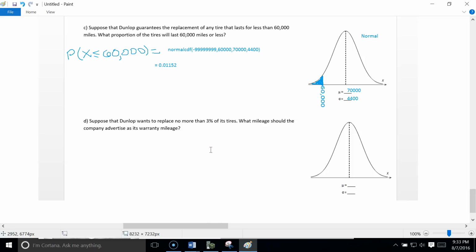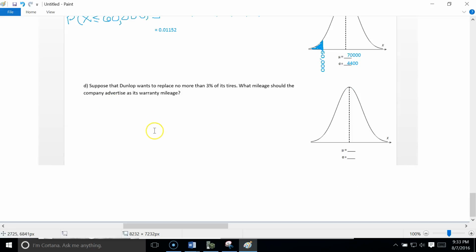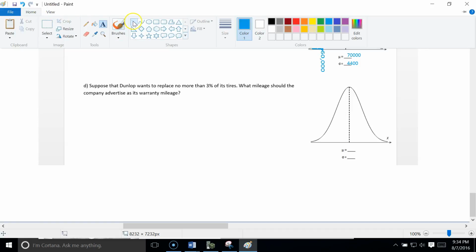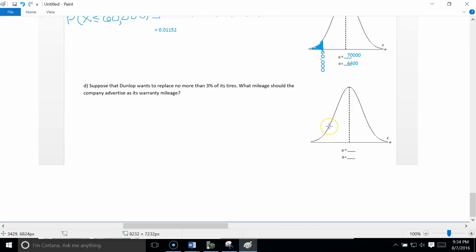That's pretty good. Okay, so finally, last question. Suppose that Dunlop wants to replace no more than 3% of its tires. What mileage should the company advertise as its warranty? Okay, so looking at our distribution, we want something that traps the lowest 3%.